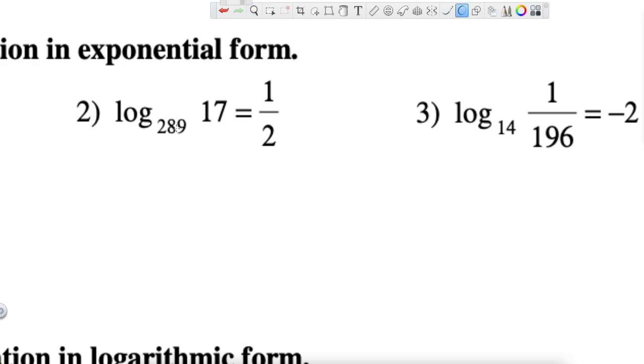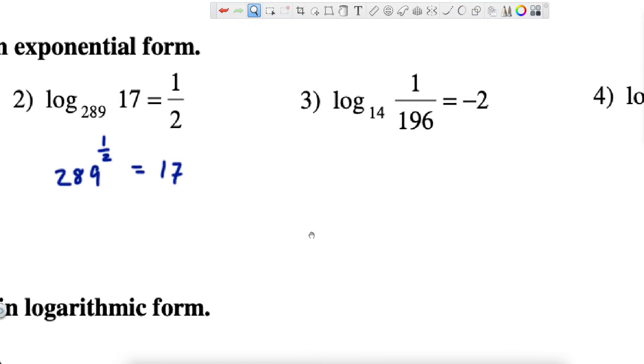Okay, so here we've got 289 to the 1/2 equals 17. Remember, raising to the 1/2 is the same as the square root, so the square root of 289 is 17. That's a perfect square.